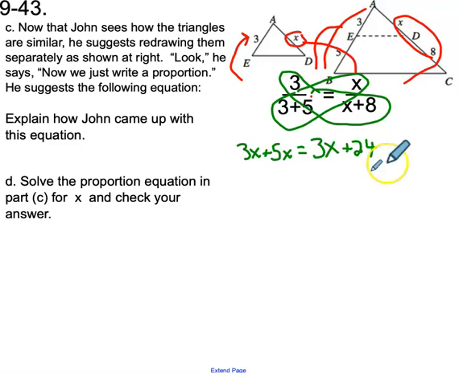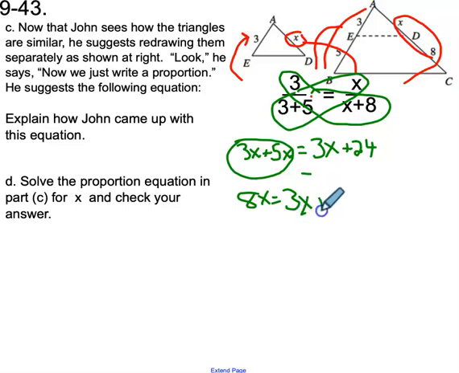All right, so what did you get? How did you solve it? So if I subtract, well, first of all, let's combine like terms. So this is 8x, right? Equals 3x plus 24. Subtract 3x.